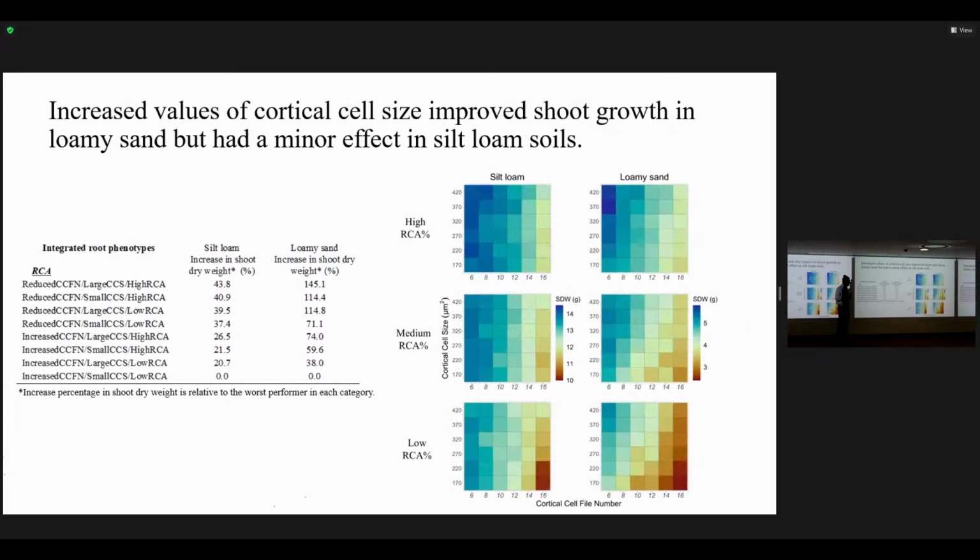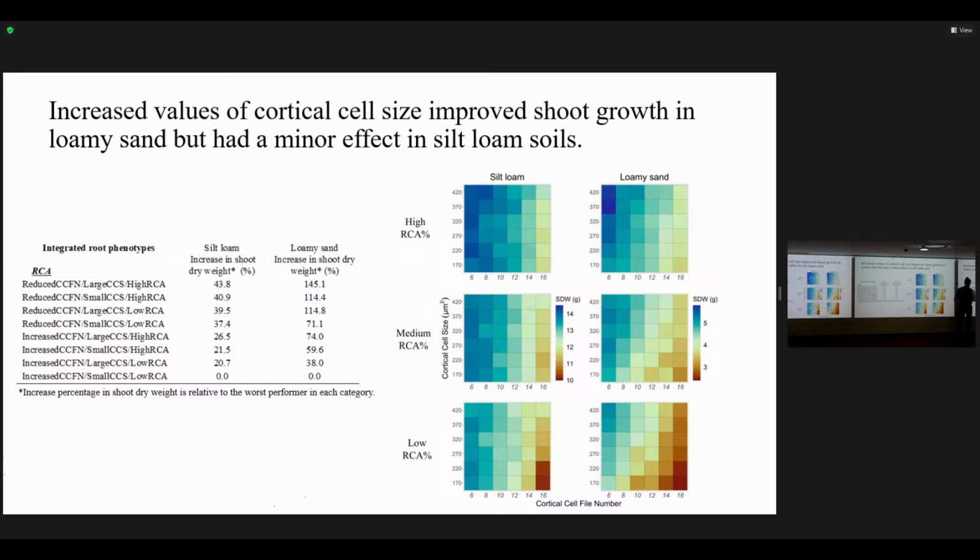Then we add another variable. We have the same combination, with different levels for cortical cell file number and cortical cell size, but now we ask what the effect of the combination of these 2 traits will be with the addition of root cortical aerenchyma, which was tested before and proved to improve plant performance under low nitrogen conditions. I tested this under 2 different environments, showing here silt loam soil and loamy sand.